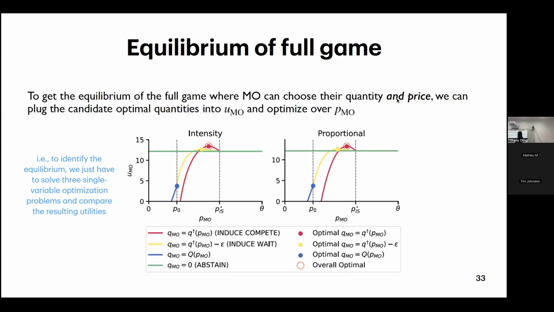And then we have 2 more optimal candidates for this intermediate range. So we can use calculus to figure out what is the optimal value for each, and then just compare between the optimal values along each of these lines.